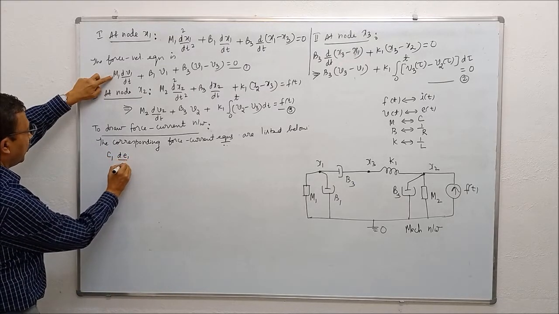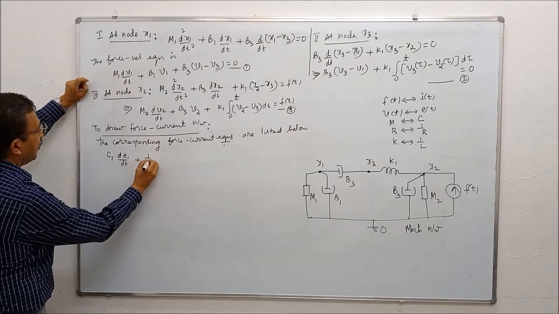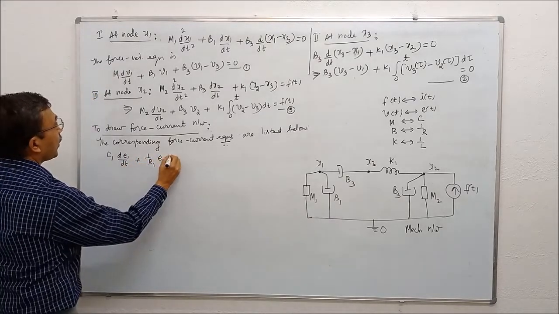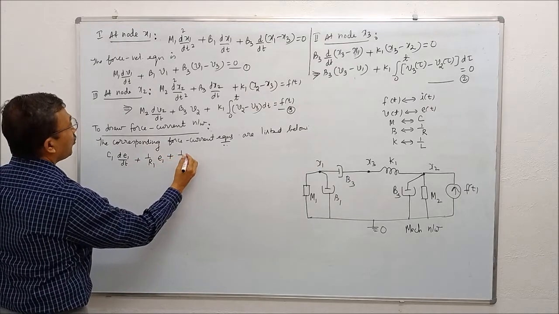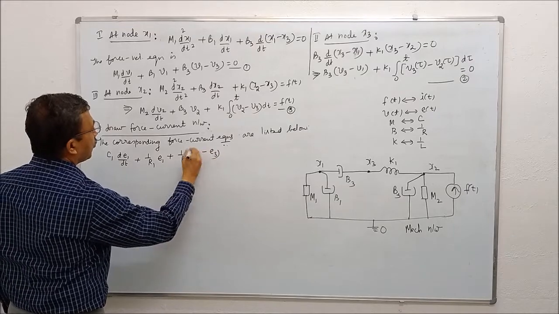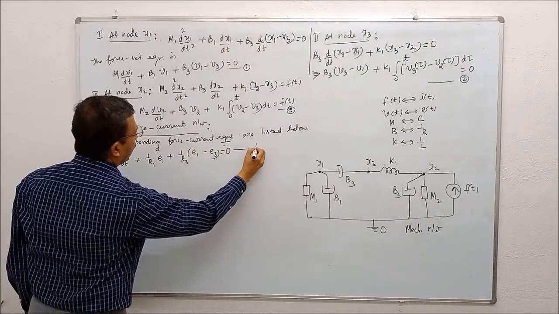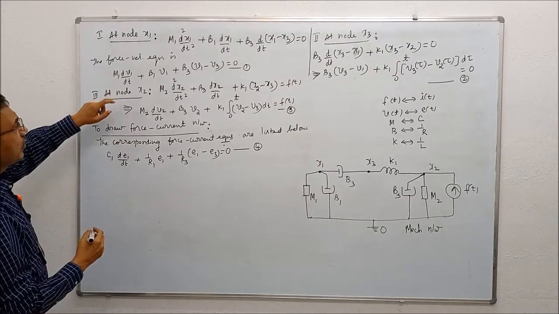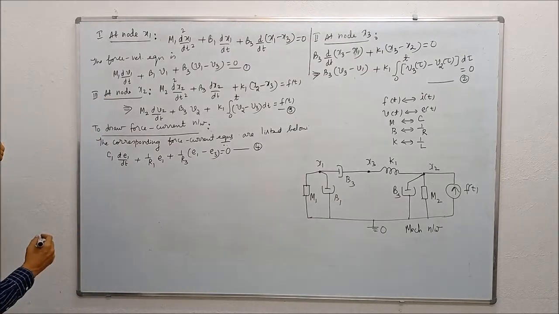V1 is replaced by E1. B1 is replaced by 1 by R1. V1 is replaced by E1. B3 is replaced by 1 by R3. V1 is replaced by E1. V3 is replaced by E3. This is equation 4. Next, take equation number 2.